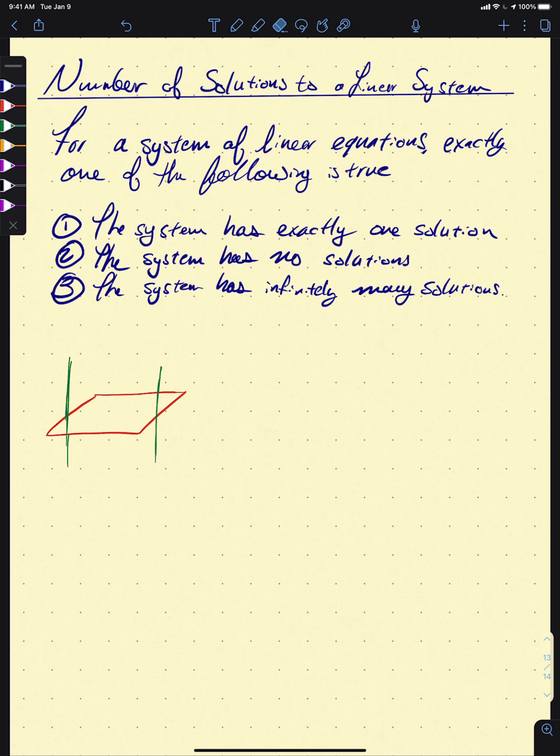And so what that means is that what we're looking for is the intersection of 3 planes. Okay, so in this case, right, we might have these 3 planes like this.